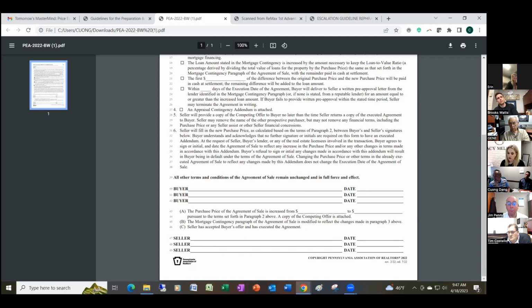The appraiser would not change or even reconsider the addendum for the escalation. Yep. So we had to fight the lender to order a second appraisal.